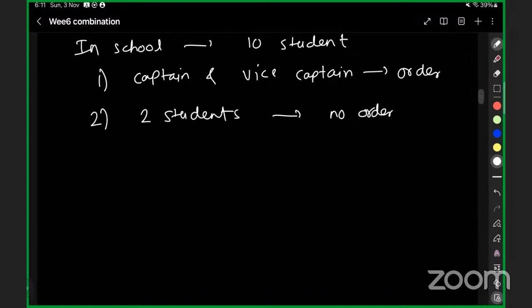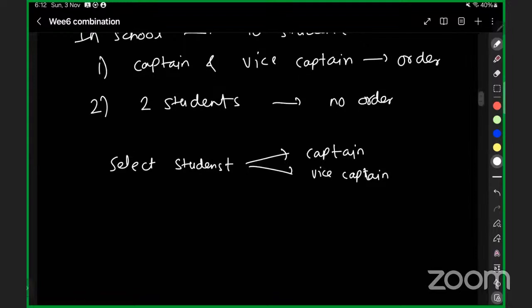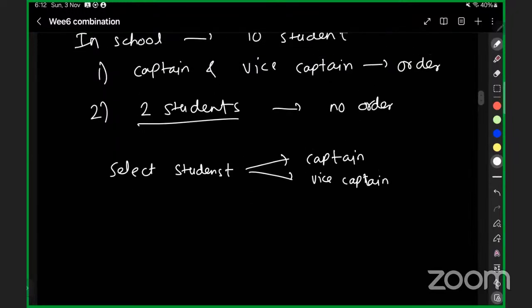Here we first want to select two students, then out of the two, somebody will become captain and another will become vice captain. Another case is just selection, where we need two students and order doesn't matter. So these two kinds of questions can happen.